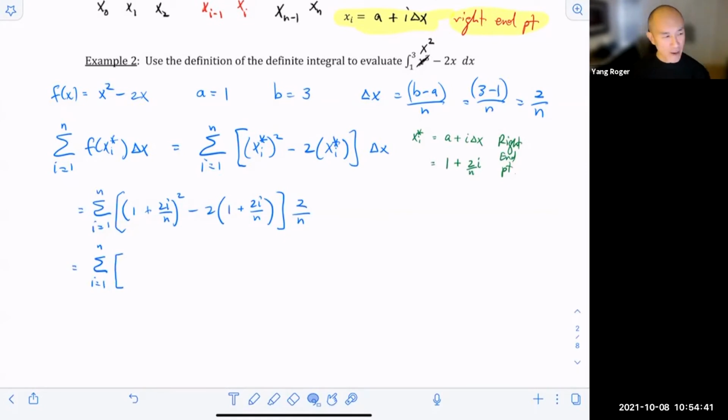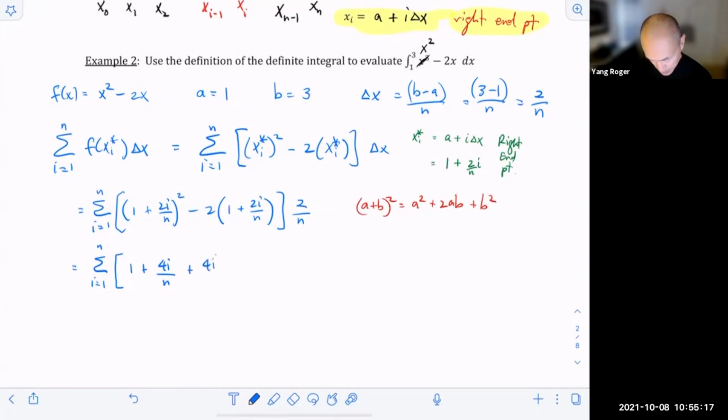I'm worried about running out of space, so maybe I'll just remind you of this formula I'm always using: (a + b)^2 is equal to a^2 + 2ab + b^2. So in this particular case, this is going to be 1 squared, which is 1, plus 2 times the product of the two terms. That's going to be 4i/n, because 2 times 2i/n is 4i/n. And then the last term there is going to be 4i^2/n^2. And that's that first piece.